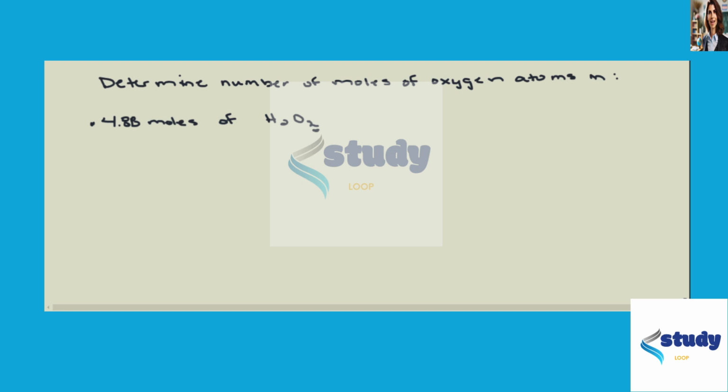So if I have 4.88 moles of H2O2, and I know that I have 2 moles of oxygen for every 1 mole of H2O2.